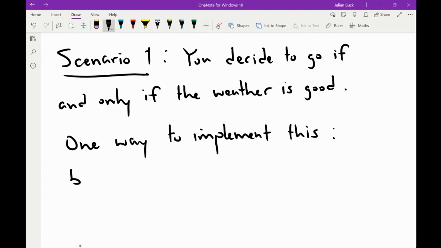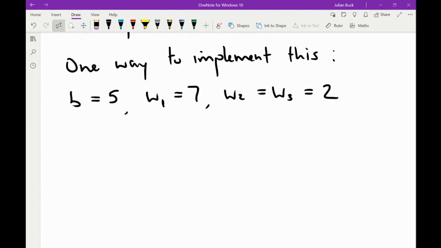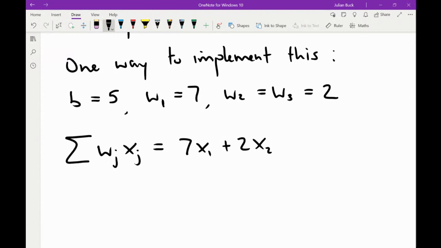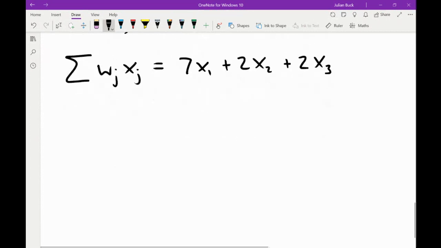So I'll set the bias to be 5, and I'll set the first weight, the one corresponding to the weather, to be 7, and the other 2 weights to both be 2. Now if we look at the weighted sum, this is going to give me 7x1 plus 2x2 plus 2x3 as my net input.